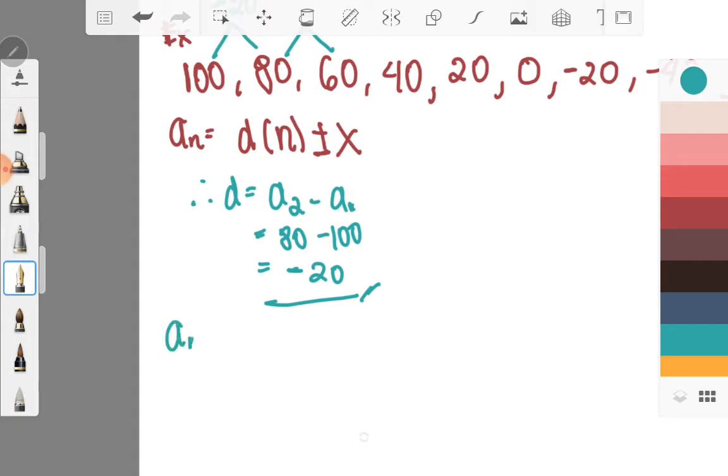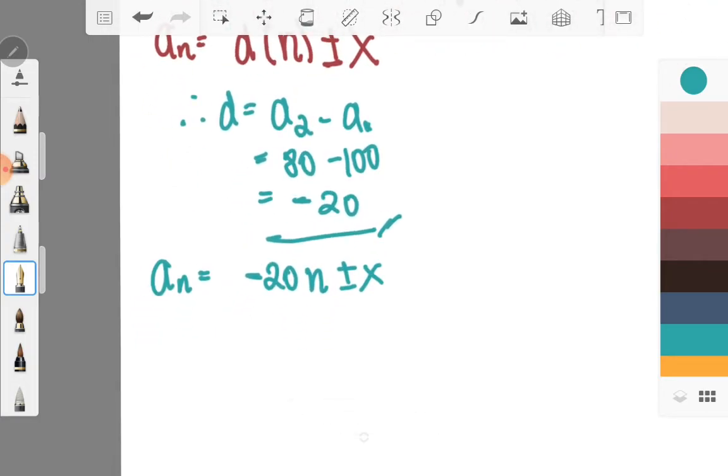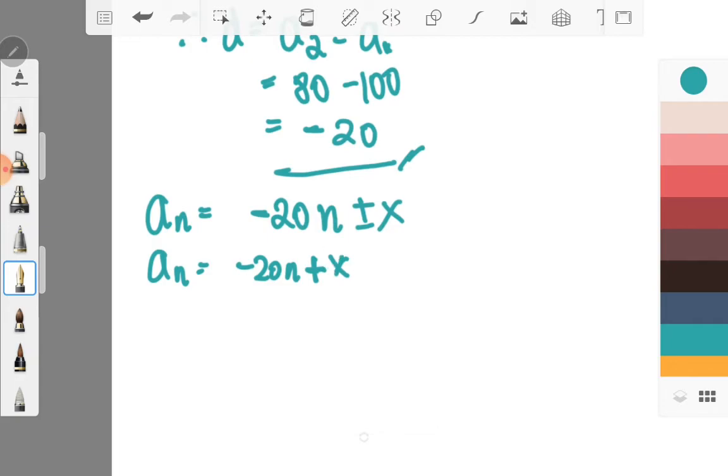So therefore, I may say that my an is equal to negative 20n plus or minus x. Okay. So finding the value of x. I have my an equal to negative 20n, so I will consider my plus x. Pag negative naman, parehas lang yung makukuha mo. Mag-change lang yung sign kasi binabaliktad mo yung sign, di ba?